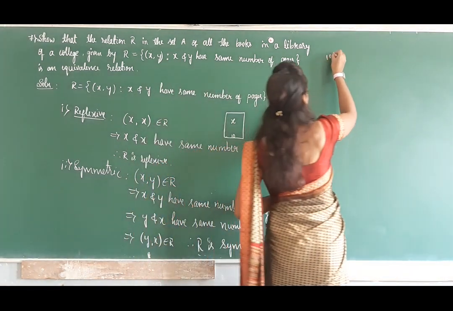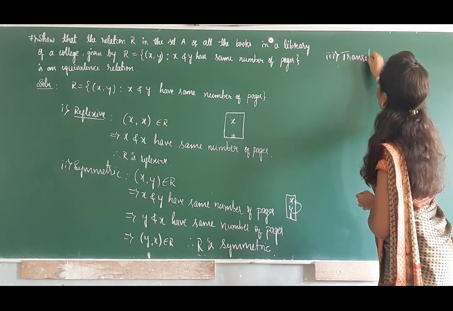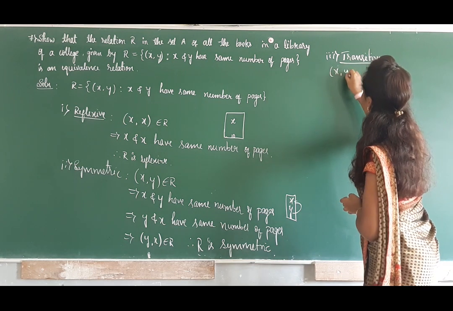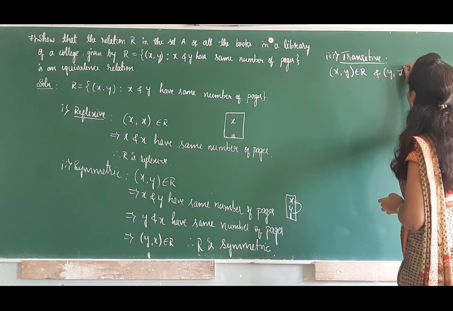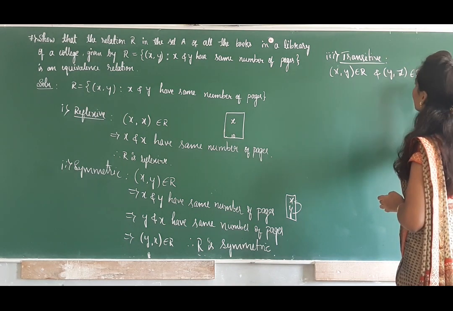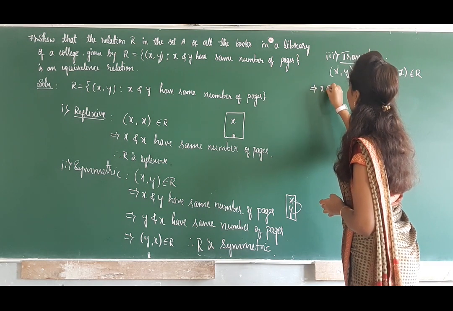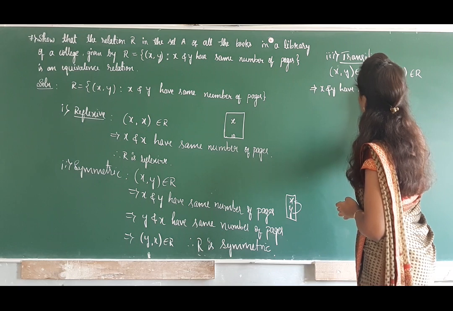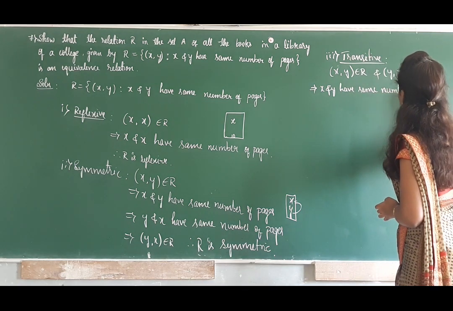And the third one is transitive. For transitive, I am taking two ordered pairs, (X, Y) belongs to R and (Y, Z) belongs to R. (X, Y) belongs to R implies X and Y have the same number of pages.